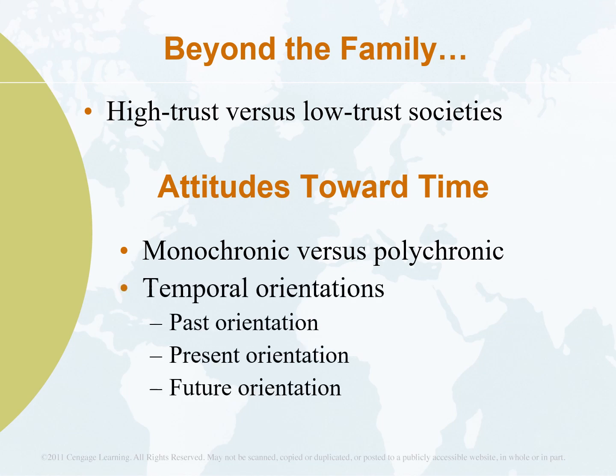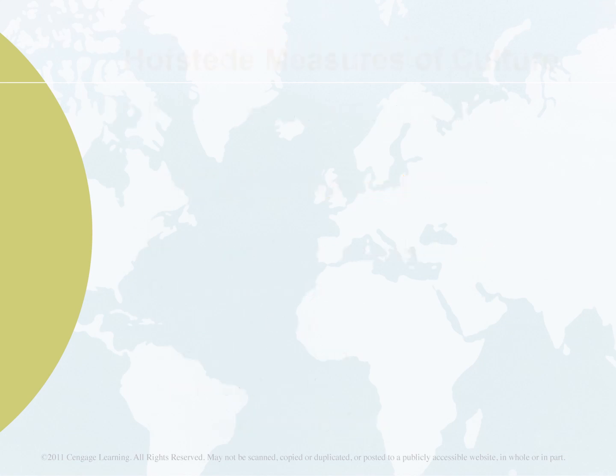We talk about temporal orientations: past orientation, present orientation, and future orientation. Where do you look? What do you see as the most important: things in the past, things at present, or things in the future? Then also the balance of work and leisure time in different cultures.